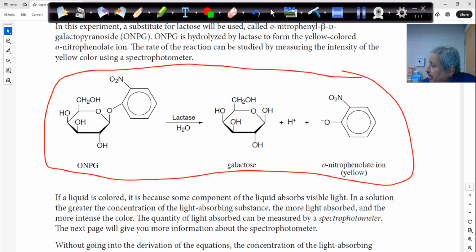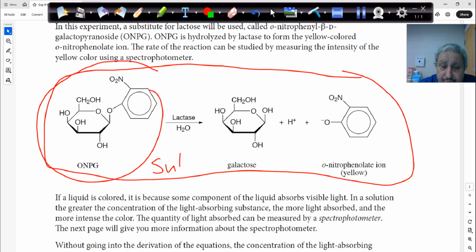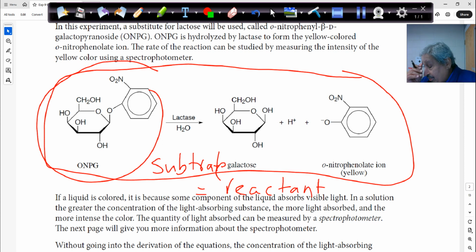The enzyme concentration, the pH of the solution, the temperature, which we will not do today, and the reactant, the substrate. We call it substrate, which is equal to reactants. In biochemistry, substrate or reactant are called substrate, which means reactant.